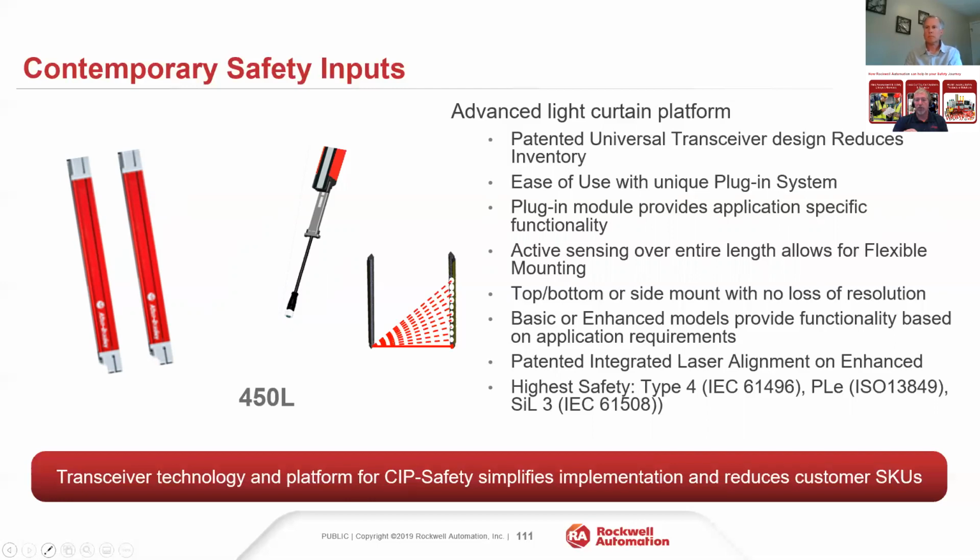This platform allows us to get to that point, and it allows a very simple migration path from one solution to the next, because we can utilize the same stick and just use the plug-in module to change and update and upgrade our application. Okay.